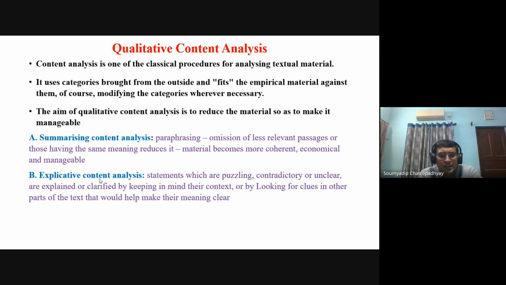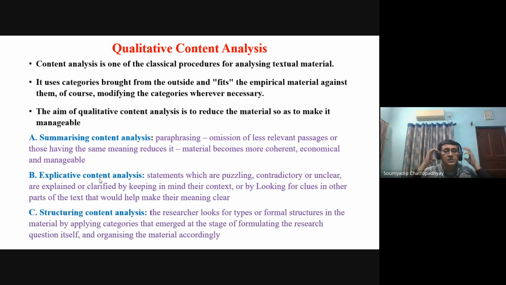Here you concentrate on statements which are puzzling, contradictory, or unclear, and you try to explain those contradictions and puzzles by keeping in mind the context in which the survey is carried out, or by looking for other clues available in the existing empirical literature, to make a clear story out of those contradictory, puzzling or unclear statements. This is another aspect of explicative content analysis.